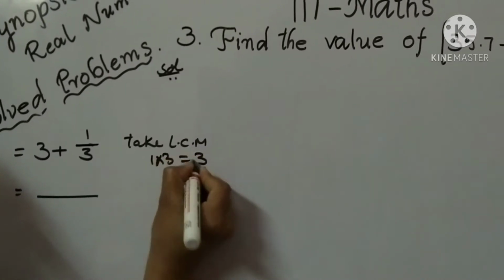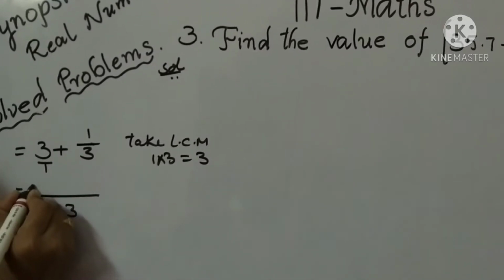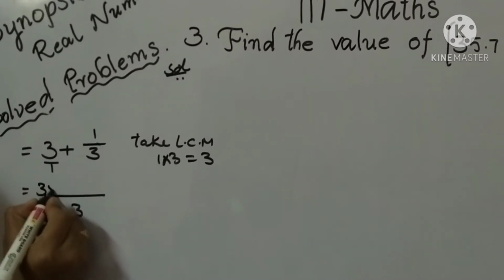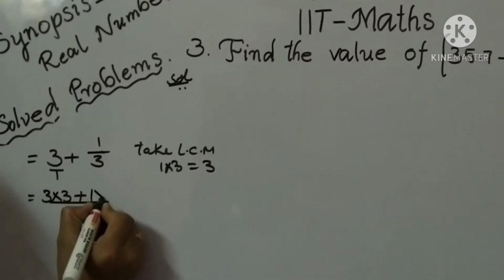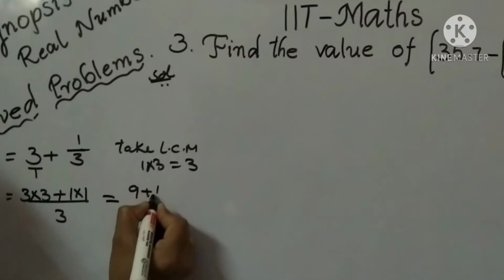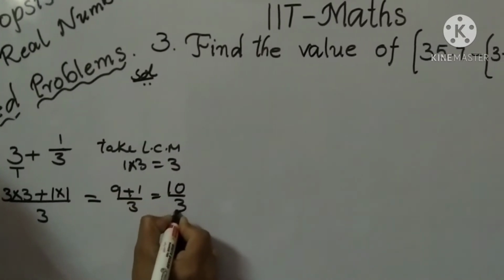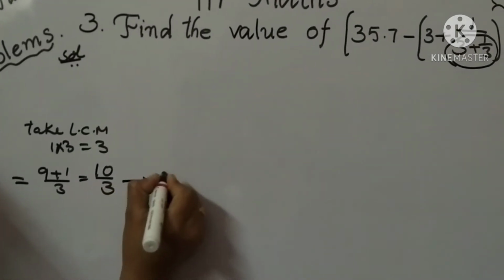The LCM is 3. Here 1 is there, 1 3s are 3, so write 1 how many times? 3 times. So 3 into 3 plus 1 into 1, that is 3 3s are 9 plus 1, by 3. 9 plus 1 is 10 by 3. Okay children, this is equation 1.